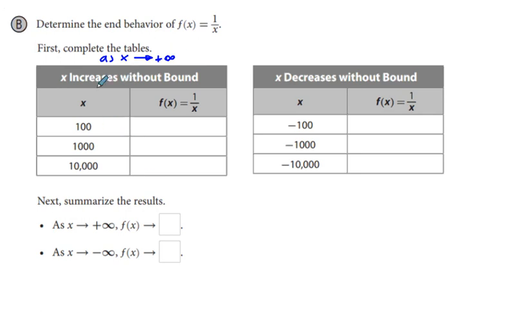For an input of 100, we get 1/100th, which in decimal form is 0.01. For an input of 1,000, we have 1 over 1,000, which is 0.001. Then 1 over 10,000, which is 0.0001.